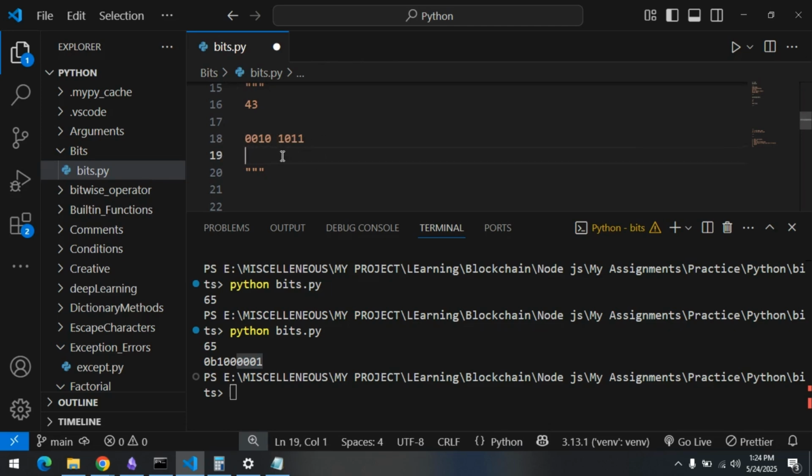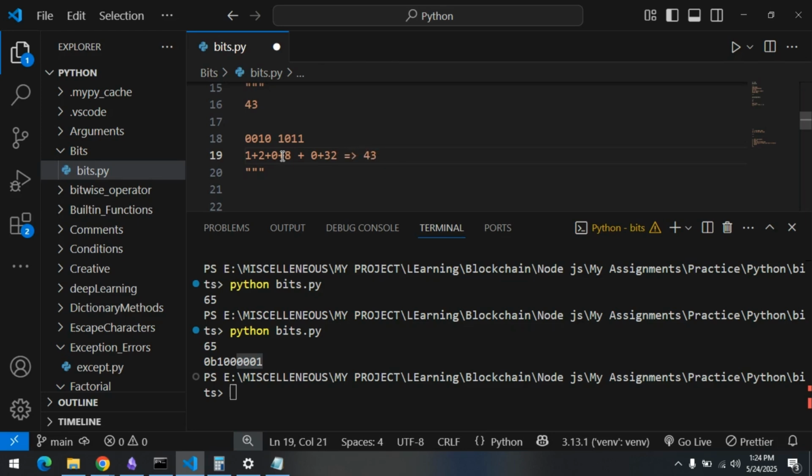Okay, so the sixth number, this is 1, and then 0, 1, and then 0, 1, 1. Okay, so a nice way to do the calculation is to break it into groups of 4 bits. 4 bits here and 4 bits here.